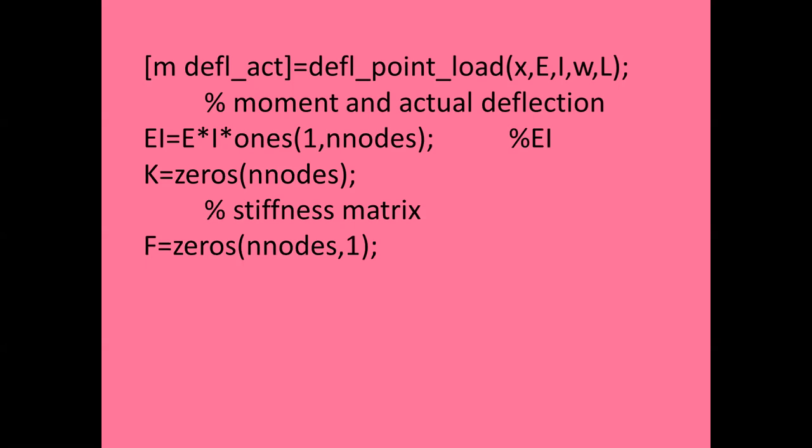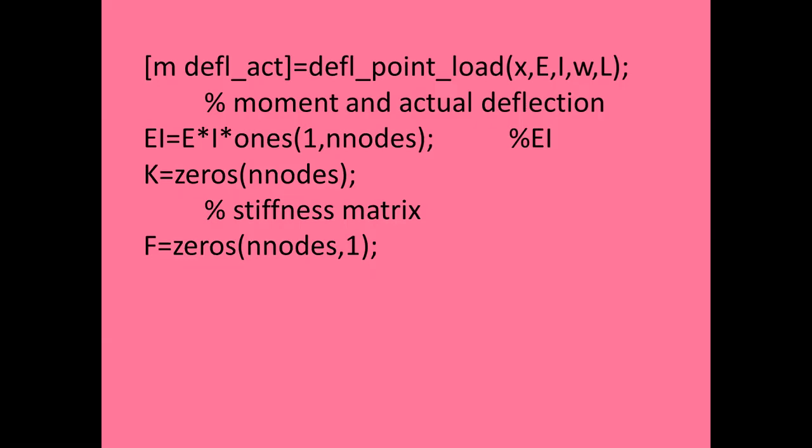Now after this, I am generating a force matrix represented by capital F. In fact, the function which is being used for generating the force matrix is the same as has been used for generating the stiffness matrix, but in this case the arguments which are passed to generate the force matrix F are nodes, 1, but the name of the function itself is zeros itself.